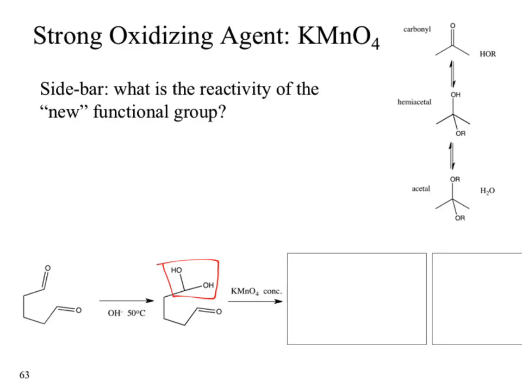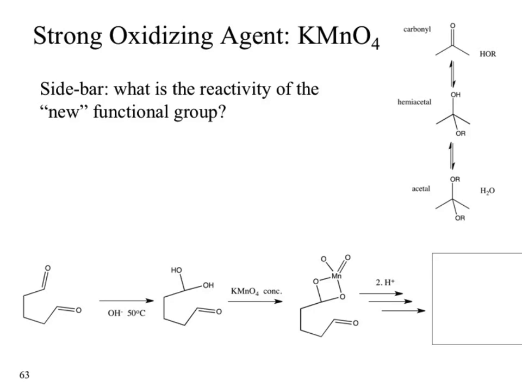Have we seen diols show up before, particularly with respect to our metal oxide reagents? Yeah. Okay. What can happen is the permanganate can coordinate to those alcohols. Now what can it go through and do? It can go through and do the exact same oxidation reaction that it did in the previous cases.